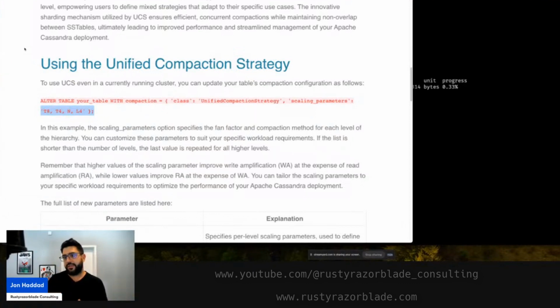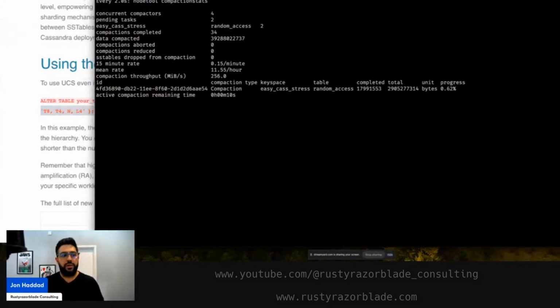Tiered 8 is like size tiered compaction, but it waits for 8 SSTables of the same size to be grouped together. Basically, when you start doing T and you go higher and higher in the numbers, you end up with something that's more and more friendly for write-heavy workloads, because you're basically delaying compaction until you have 8 tables that are similar in size that can be compacted together.